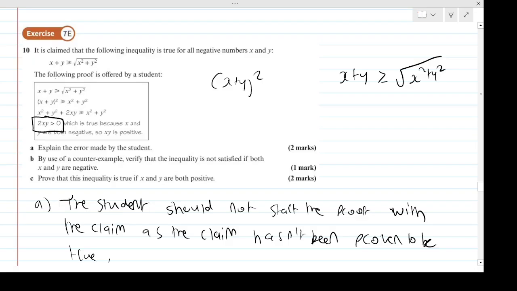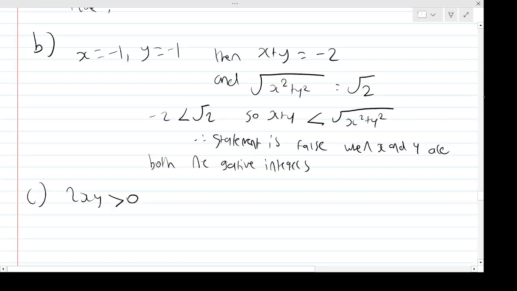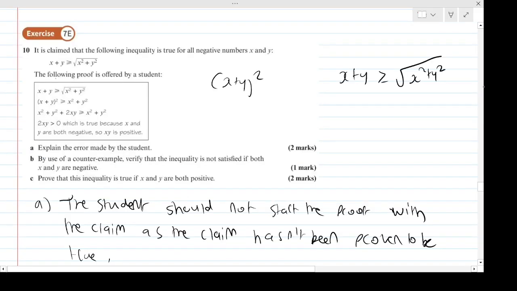So if x and y are positive, then we know that their product xy is positive, as x and y are both positive integers. So we can start with 2xy greater than 0, which is what the student has done. The student ended up there, but really they should have started here instead.